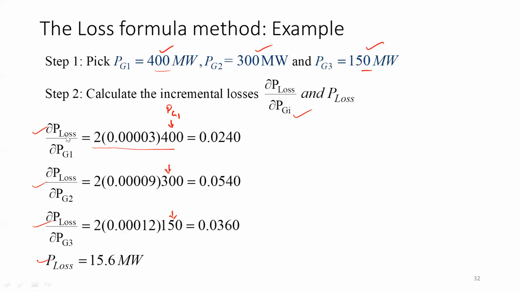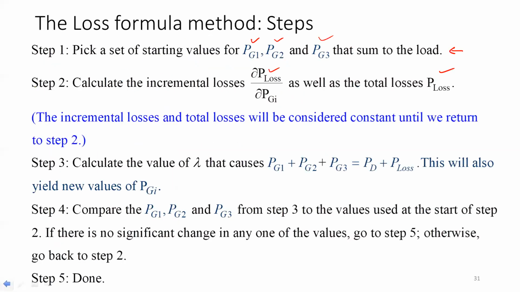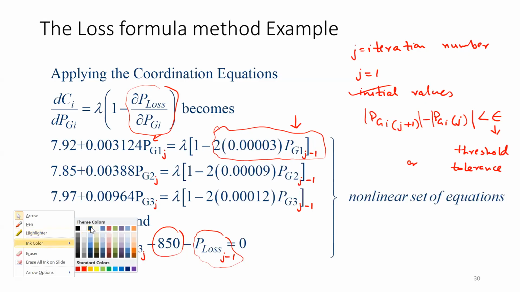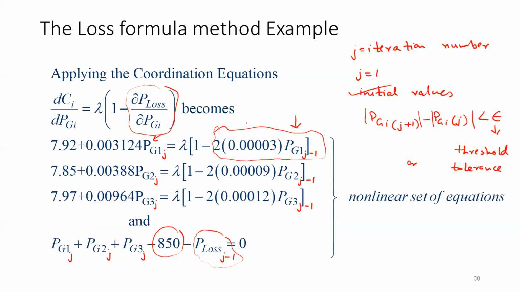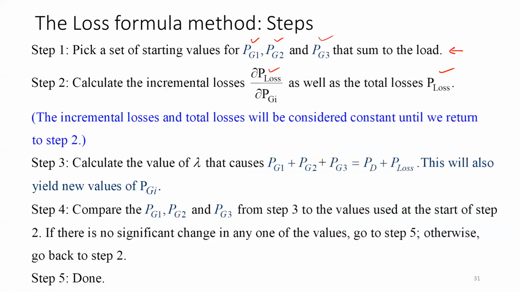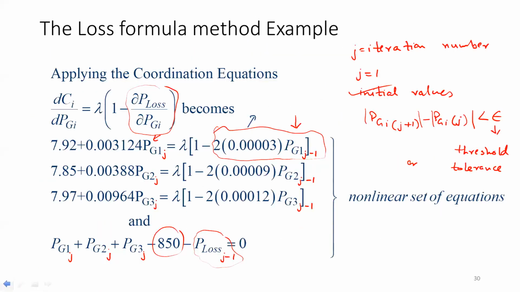So now I have got dP loss by dPG1, dP loss by dPG2, by dPG3. Now if I get back to these expressions, what do you have? Instead of this value, you have got a constant value, right? What is the value? 0.0240. So this value you got 0.0240.